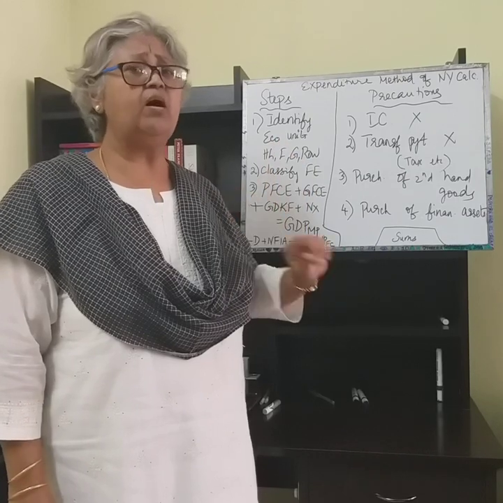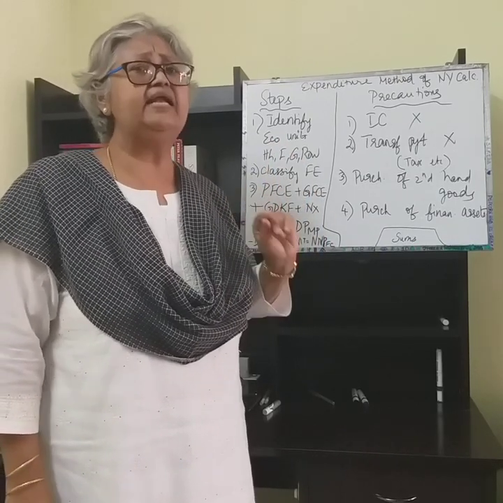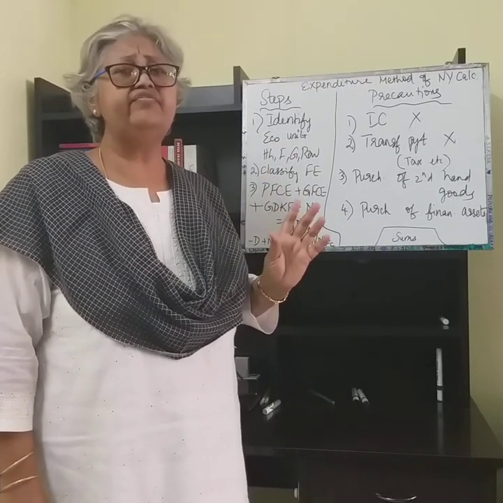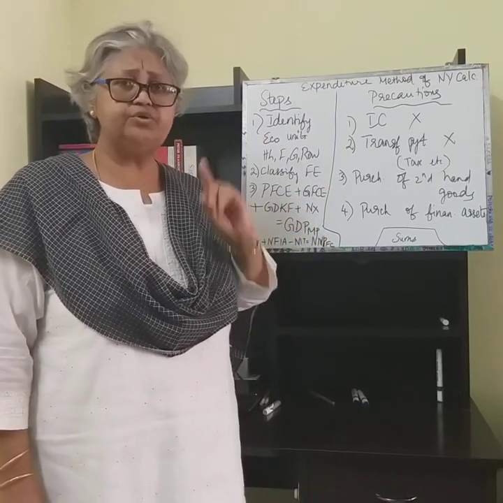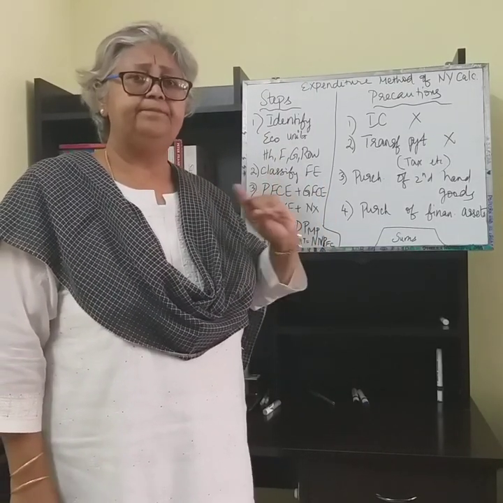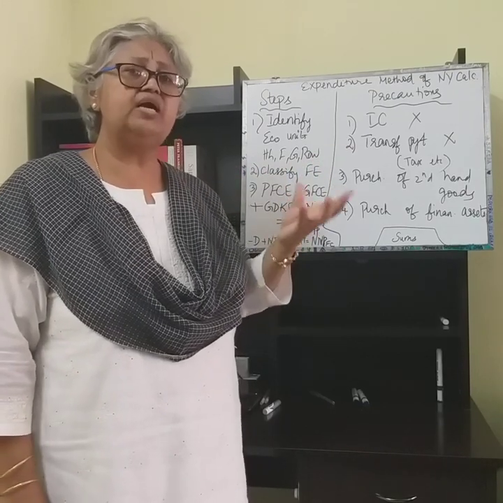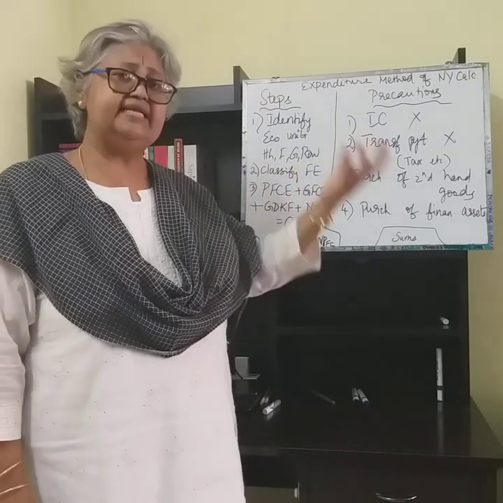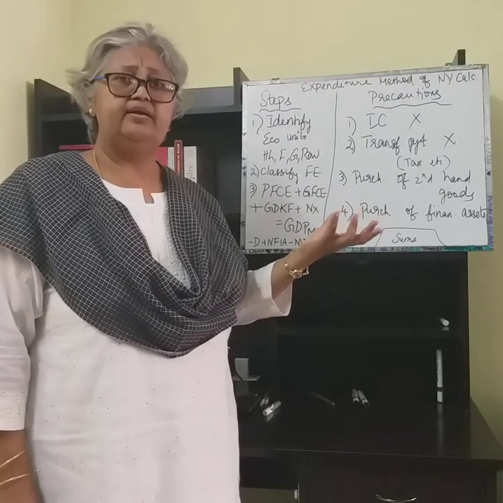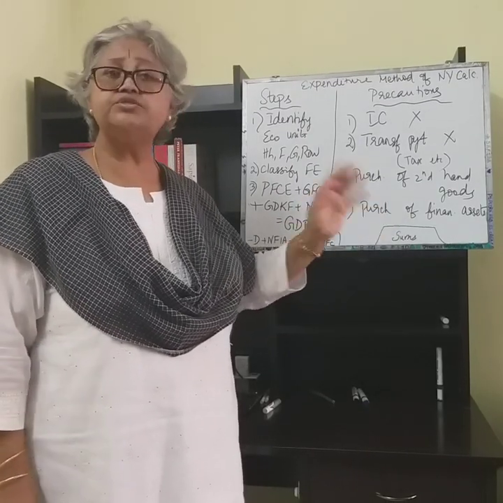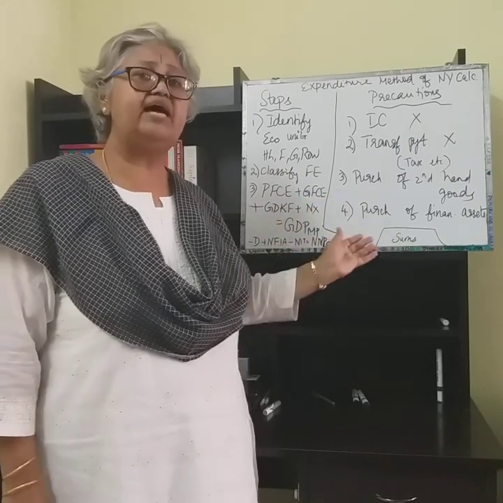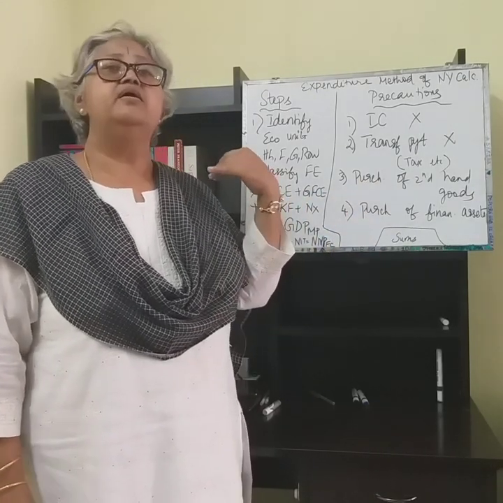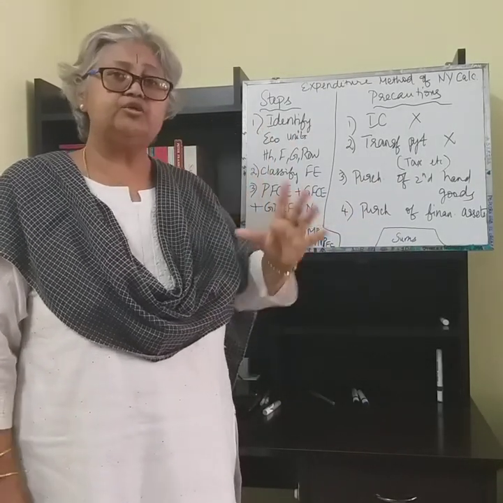Only purchase of the first-hand goods will be referring to the productive activity that is taking place during the accounting year. That would be the value of the products and services that is generated within the time period. And the second-hand goods, purchase of such goods will not be added because their value would have been added in the year of their initial production.